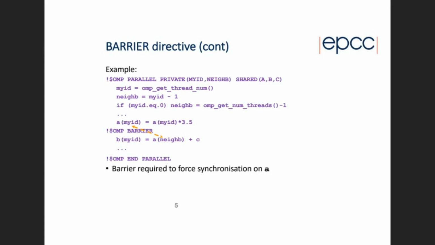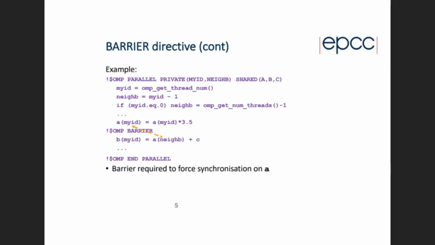You often end up in the situation where the other threads have some dependency on something that's happening in that master region. So you want them to wait and ensure that the master region has executed before they carry on executing the rest of the parallel region. That's one of the commoner cases where explicit barrier directives are necessary.